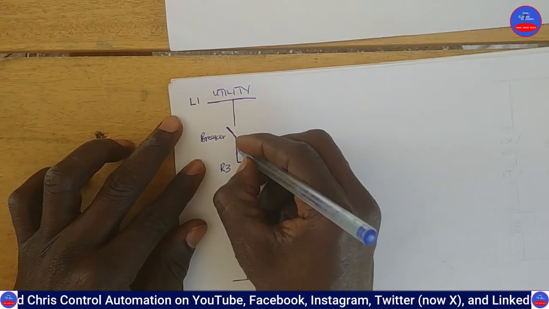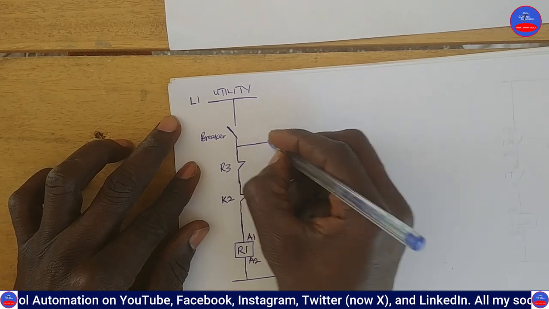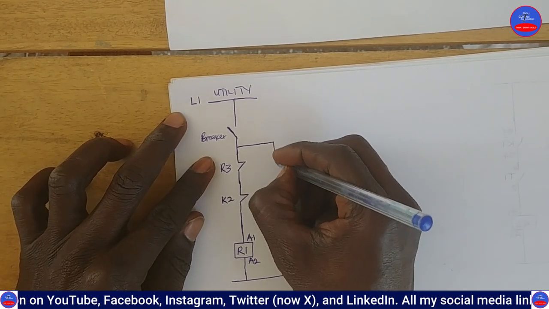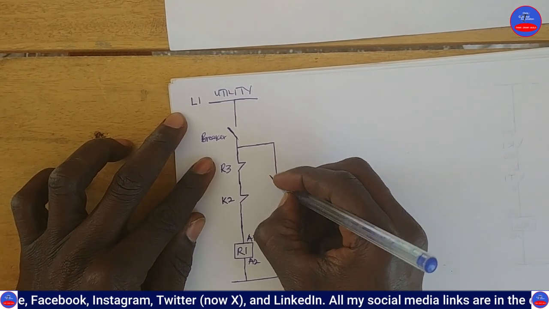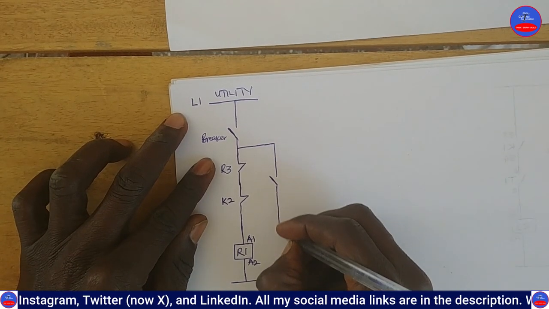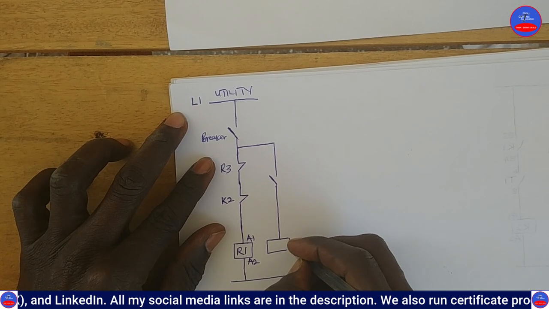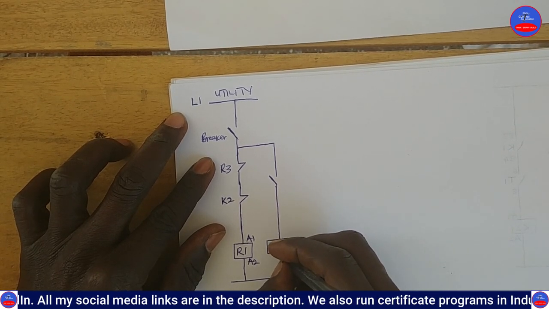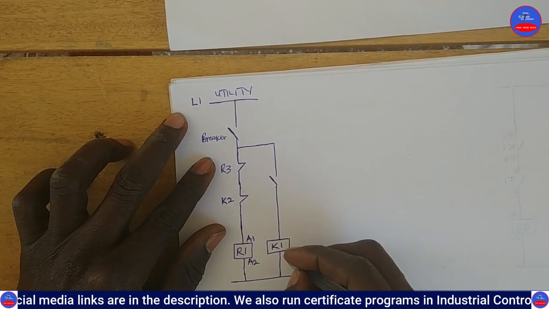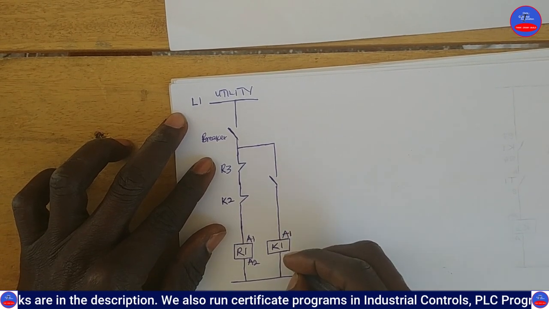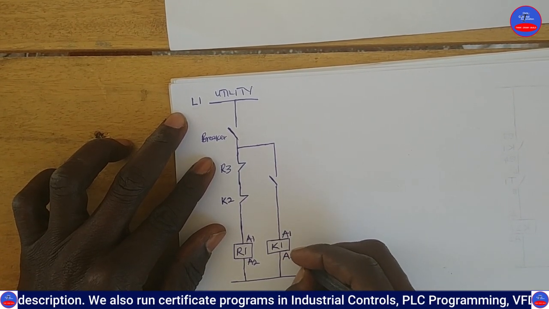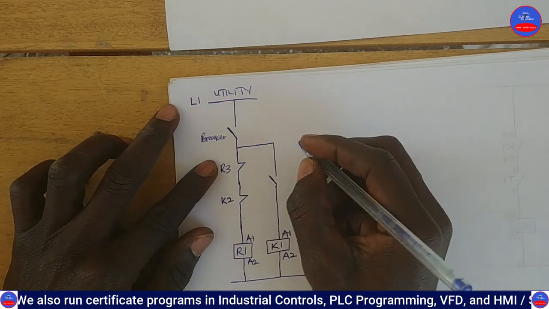From the breaker down here, to go to R1 normally open to the K1. This is R1.